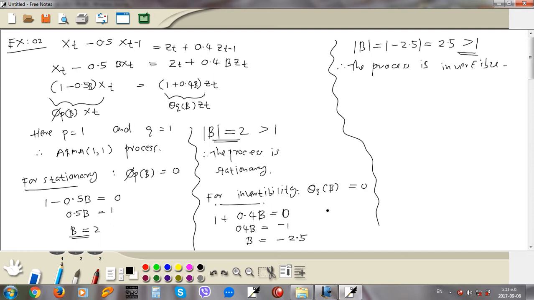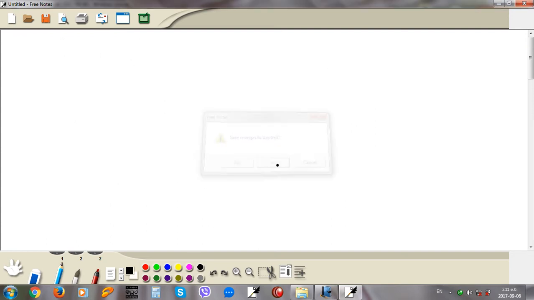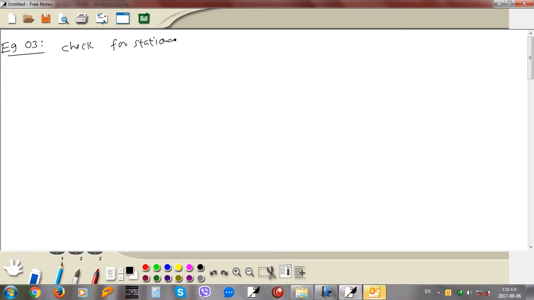So we will consider another example, and we can wind up this lesson. So example 3, check for stationarity only. So we have to check whether this is stationary or not.